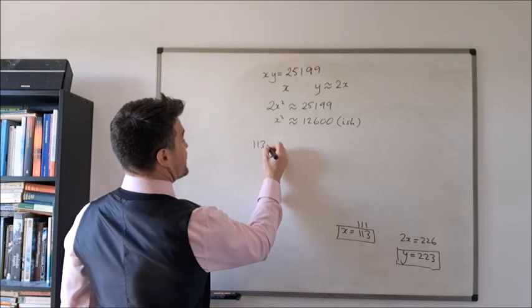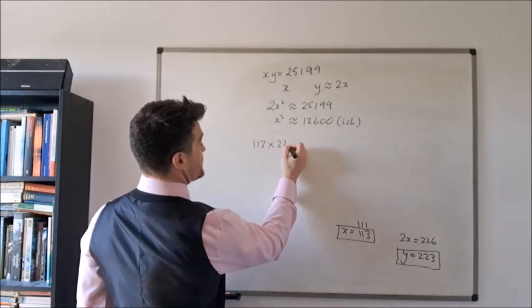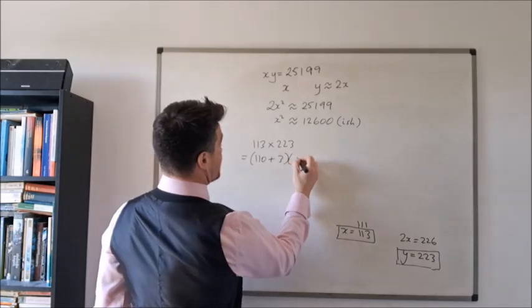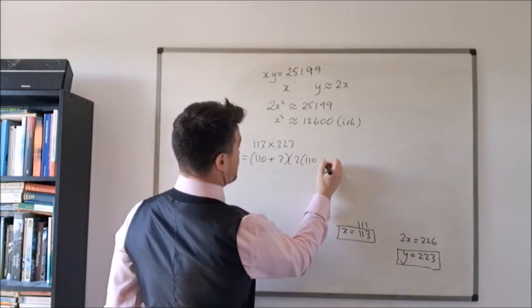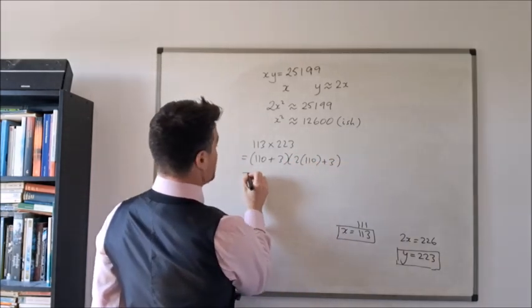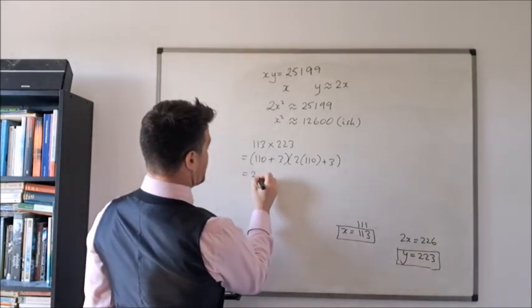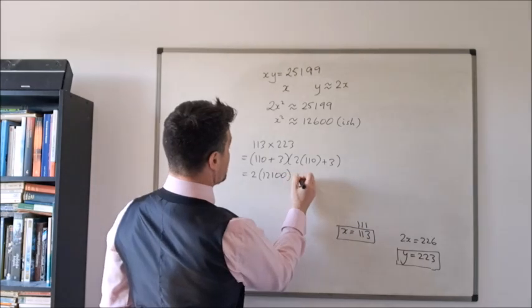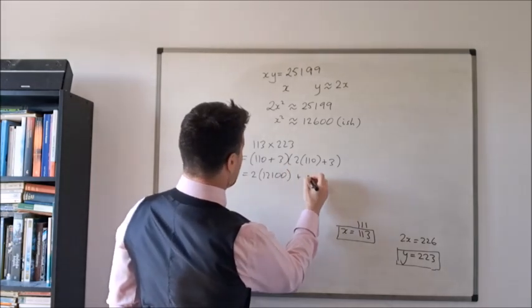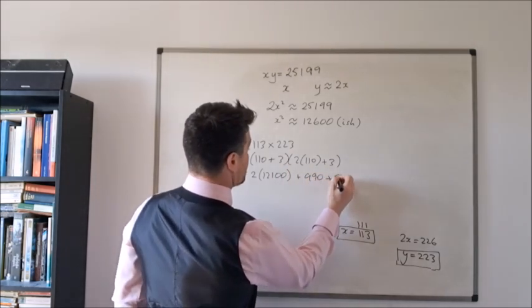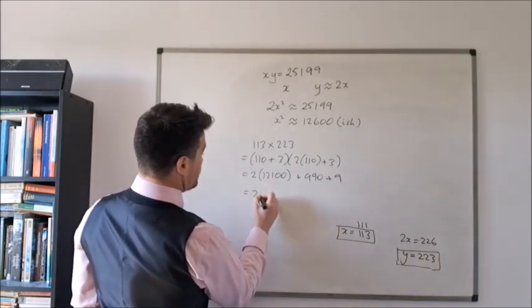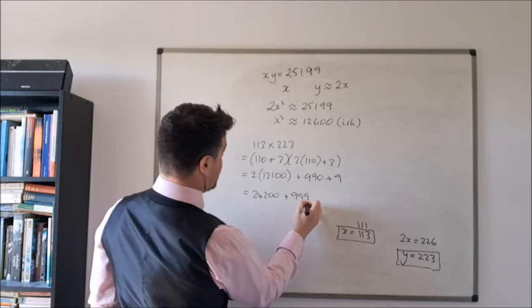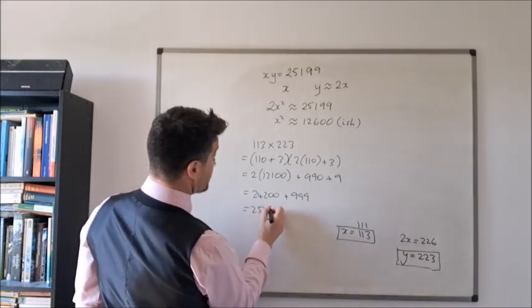So 113 times 223 is going to be equal to 110 plus 3 times 2 times 110 plus 3, which is twice 120, 12,100 plus 6 times 9, 190 plus 9. So that's going to be 24,200 plus 999. No, that's nice and easy. So that's 25,199.